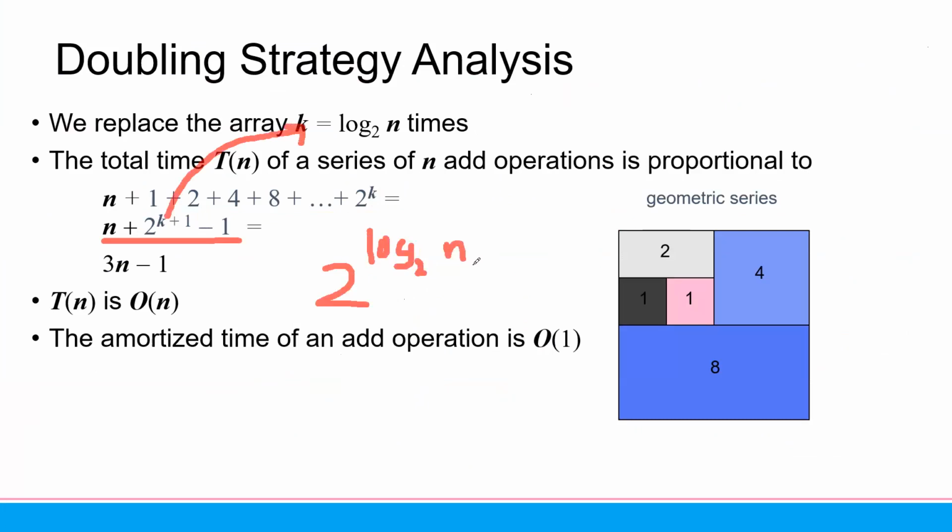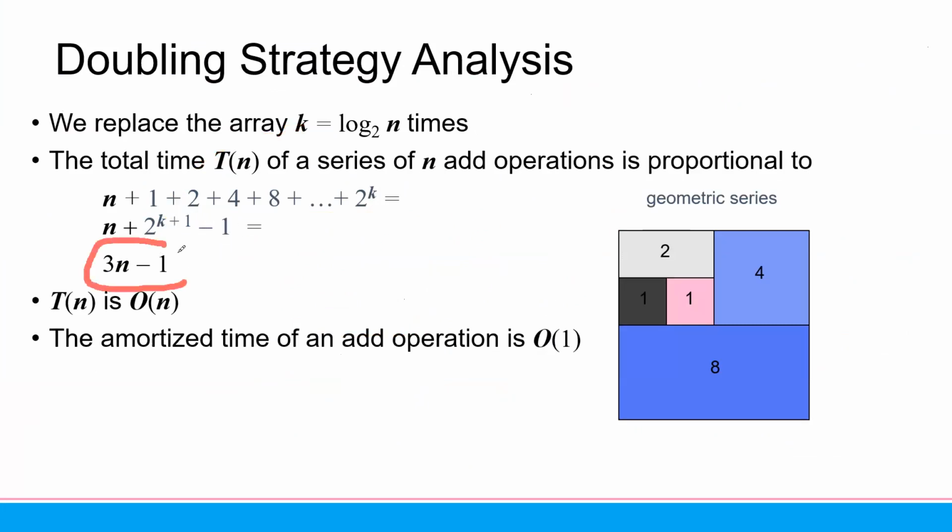What is it? We can just consider this as 2n. So we will have n plus 2n minus 1.